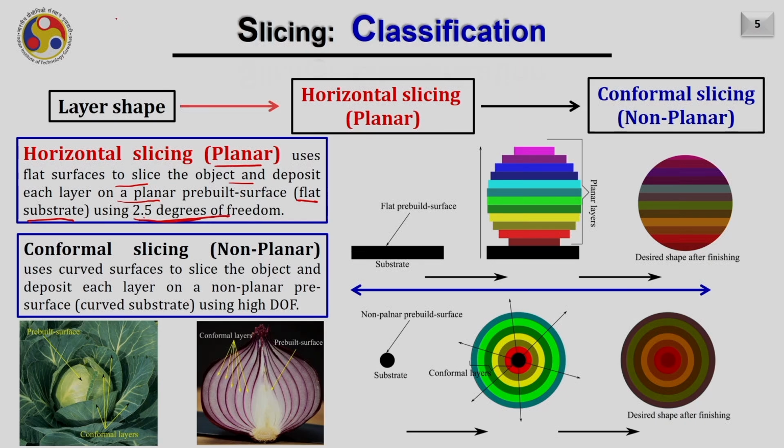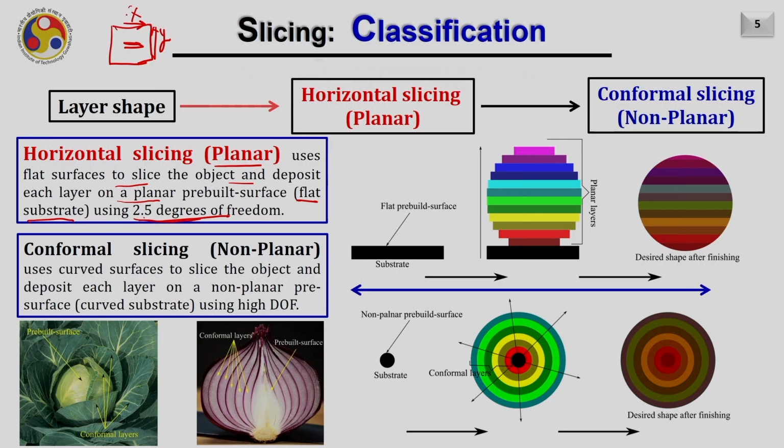It is because when we are depositing, for example, in this plane, the end effector or the deposition gun will move back and forth, hence 2 degrees of freedom are required here, maybe in the x direction and y direction. And then after completion of this particular layer, this head will move up by a certain amount and then it will deposit on that particular z level.